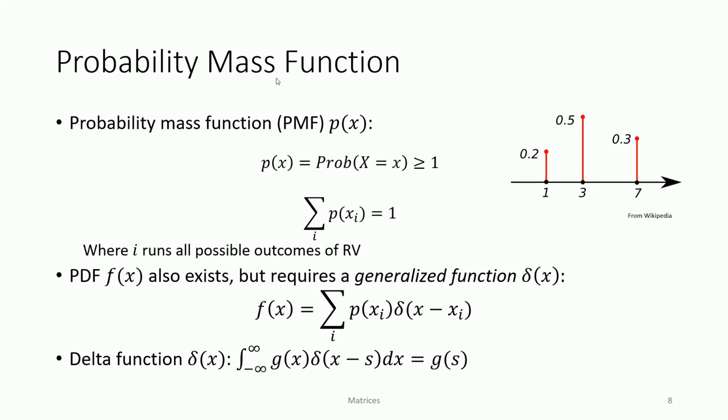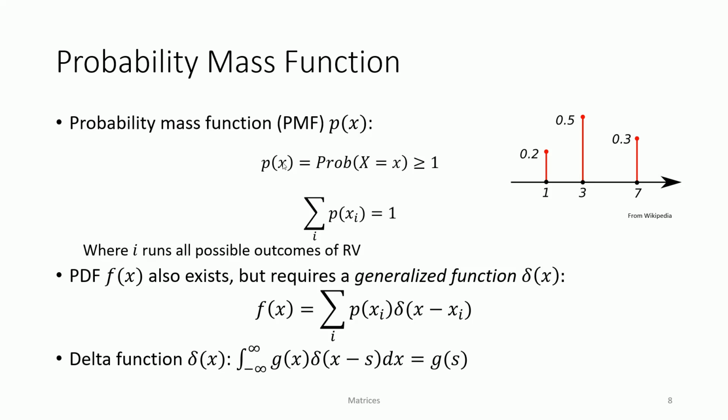But if we're talking about discrete random variables, then instead of the PDF, usually we use the probability mass function, PMF, and we will see in a bit why. The probability mass function is defined as the probability that your observed x is equal to a given x, so p of x is a probability.